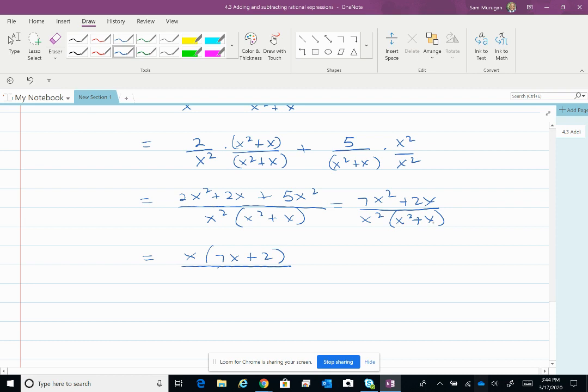We can factor out x from x squared and x and get x squared times x into x plus 1. Okay, so that makes it easier to go ahead and cancel out the x's. And that leaves me with 7x plus 2 over x squared into x plus 1.